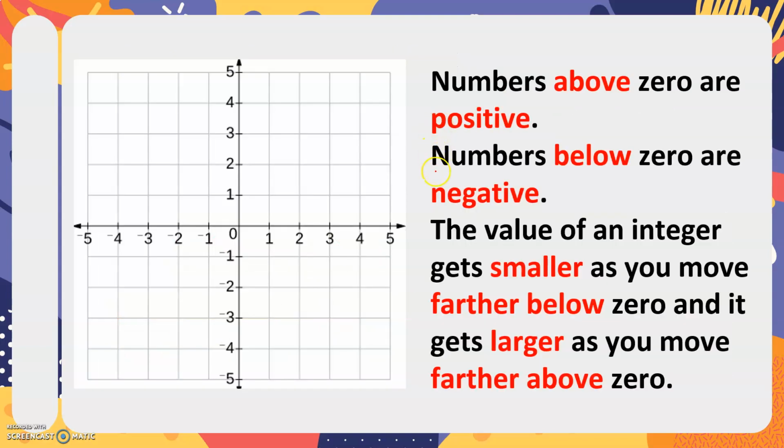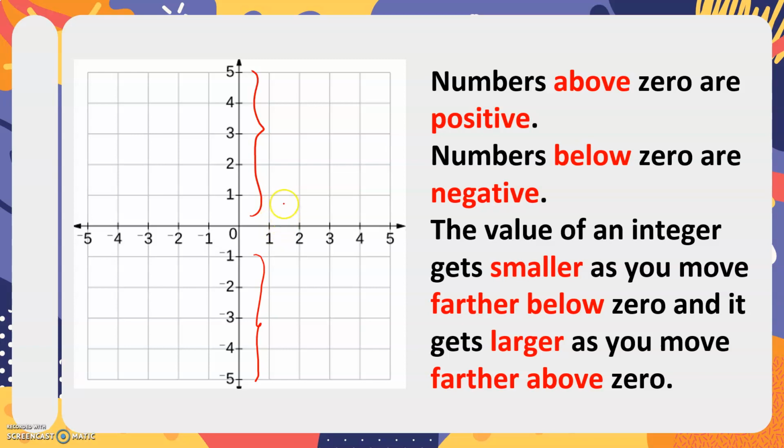We may also use a number line which is vertical in form, like this one. If the number line is in vertical form, let us remember that the numbers above 0 are the positive integers. So these are the numbers above 0 or on top of 0. Then the numbers below 0 are the negative integers.